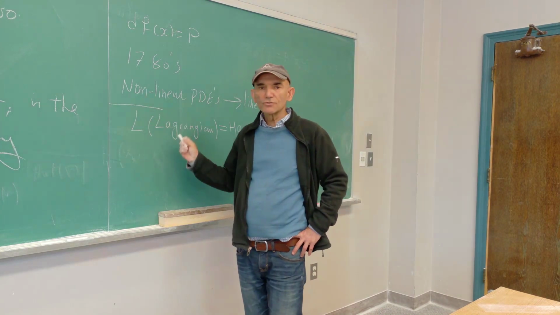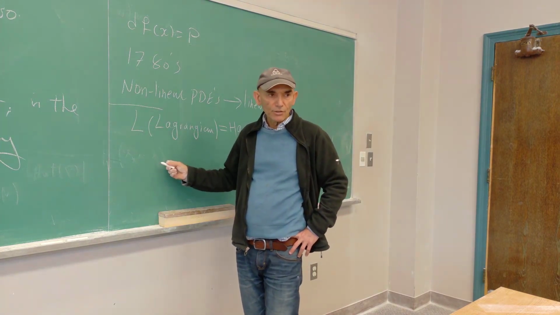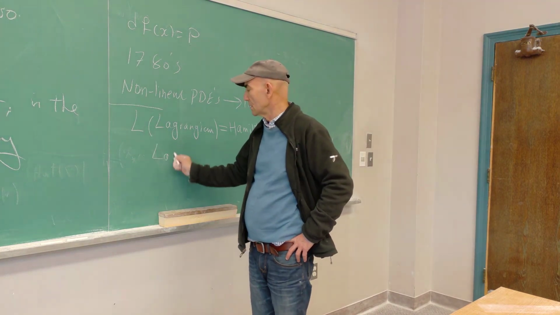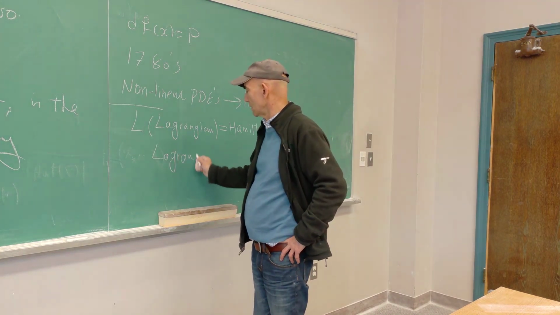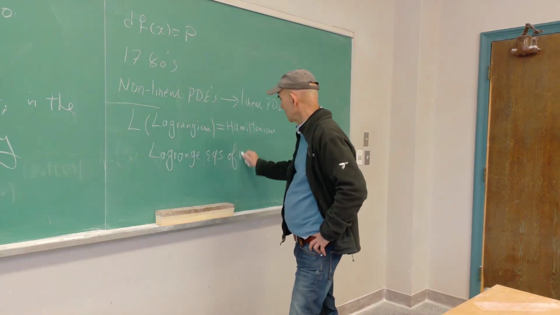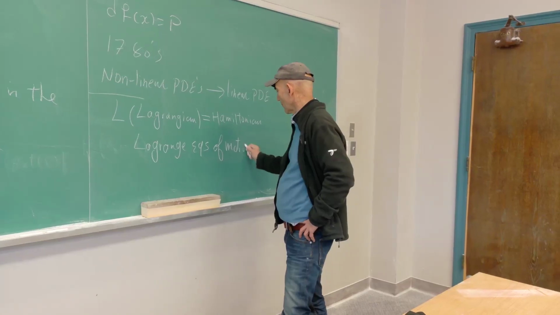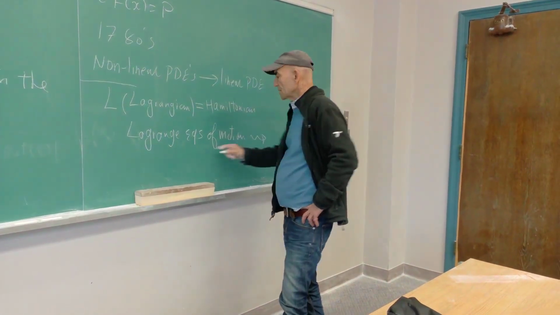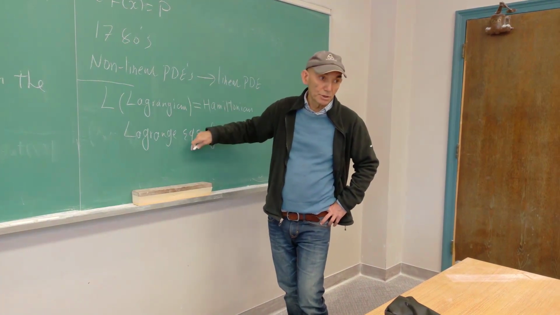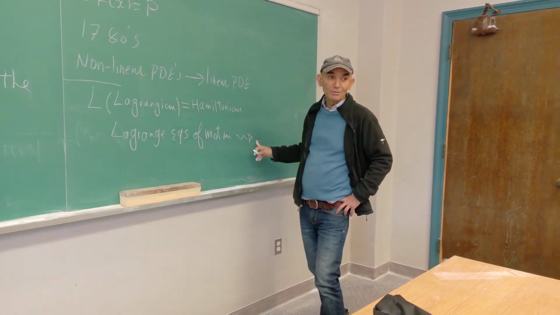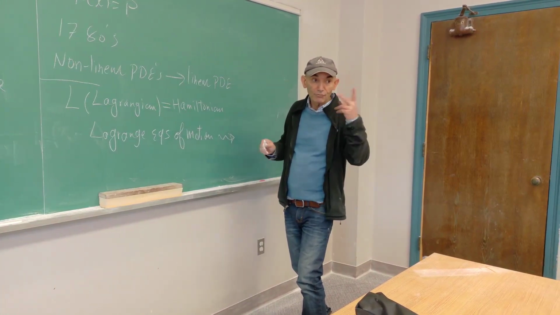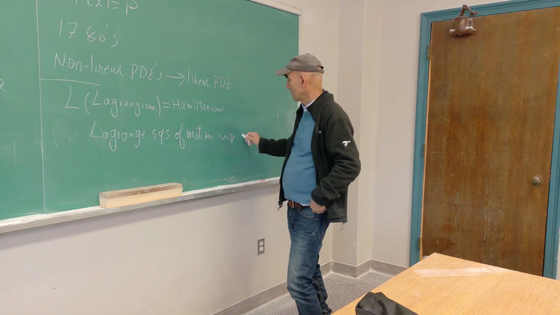And this Legendre transform turns Lagrange equations, which are nonlinear ODEs, the equations of motion, so these are second order nonlinear ODEs, into linear Hamilton's equations of two variables, double variables.